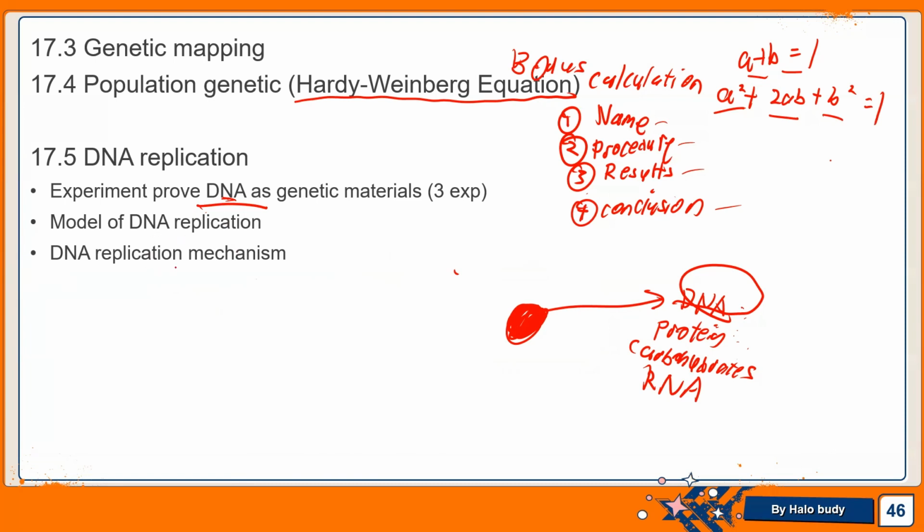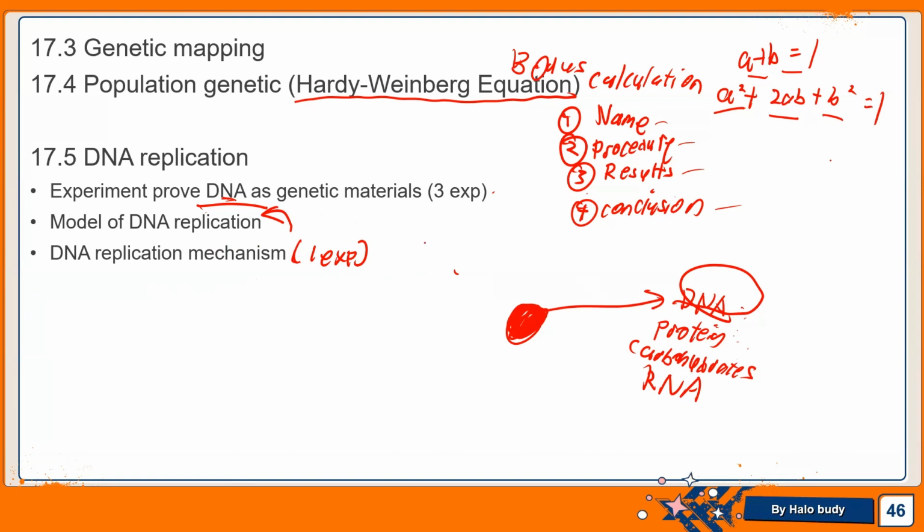So there is another experiment again. The 4th experiment. This is 3 experiments, then you have another 1 experiment to prove the DNA replication. Which model? 1, 2, 3. First, second, third model. Which model is actually the DNA replication model?